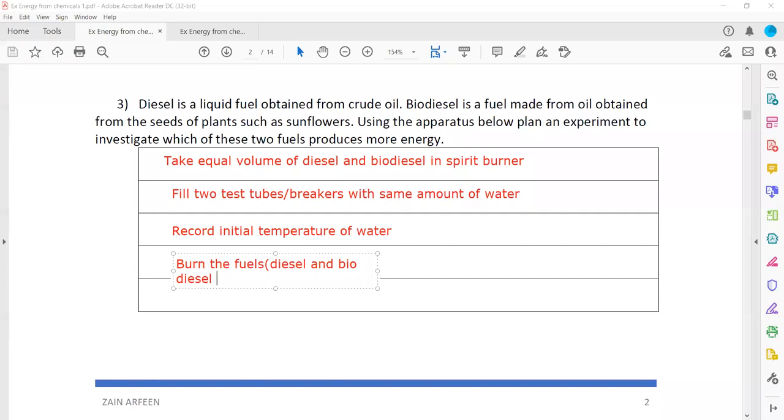So we'll burn diesel and biodiesel completely and record the final temperature.